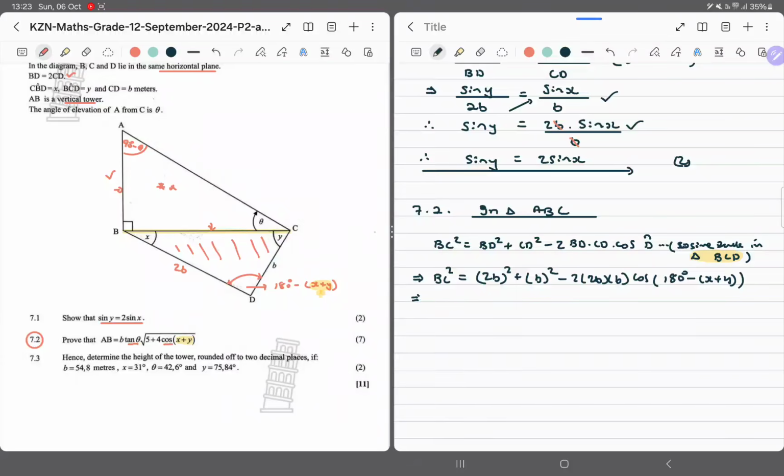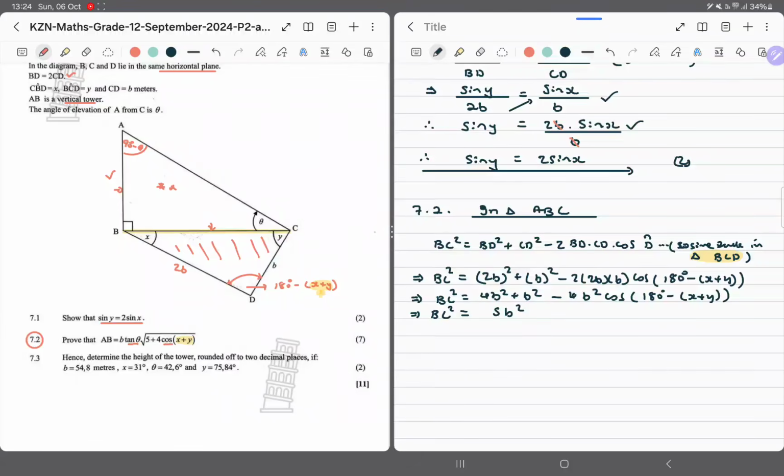Now, we simplify further. So we've got BC squared equals 4B squared plus B squared minus 4B squared cos of 180 degrees minus the sum of x and y. Okay, nice and easy. Now we just take our time. Don't rush it, it's going to be messed up. You add the like terms.